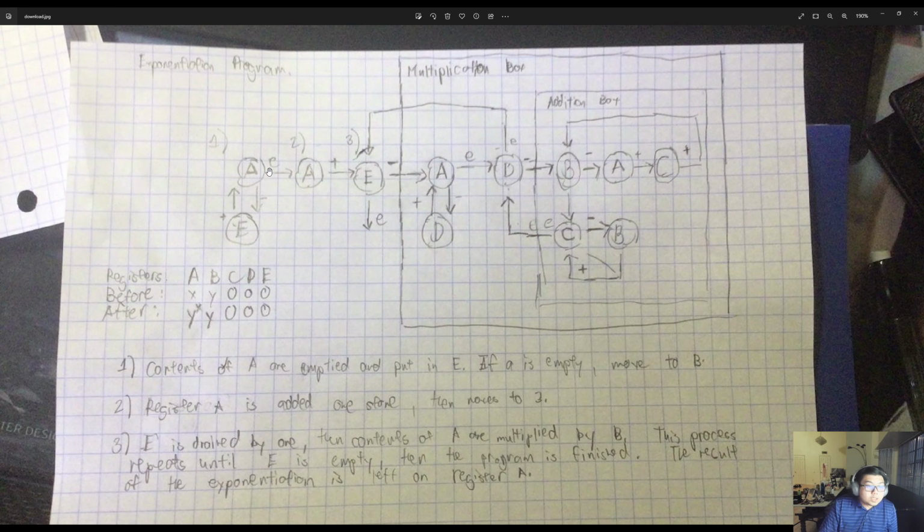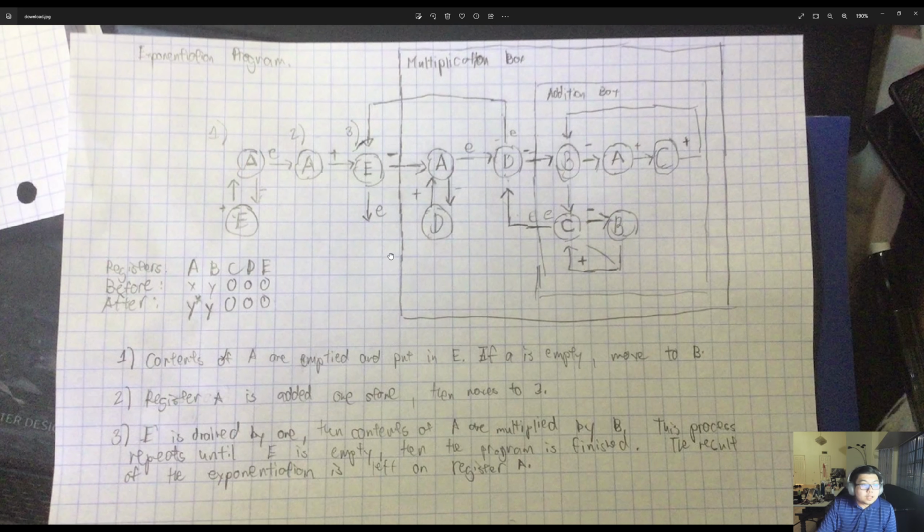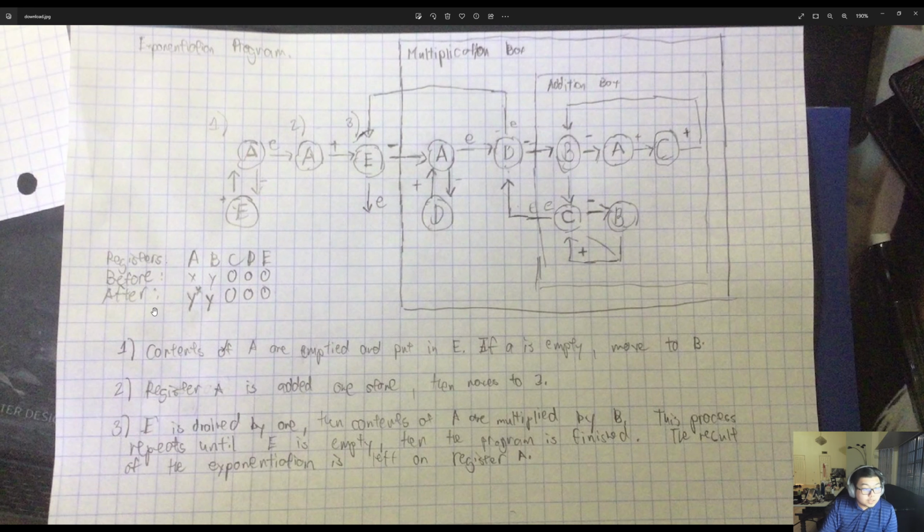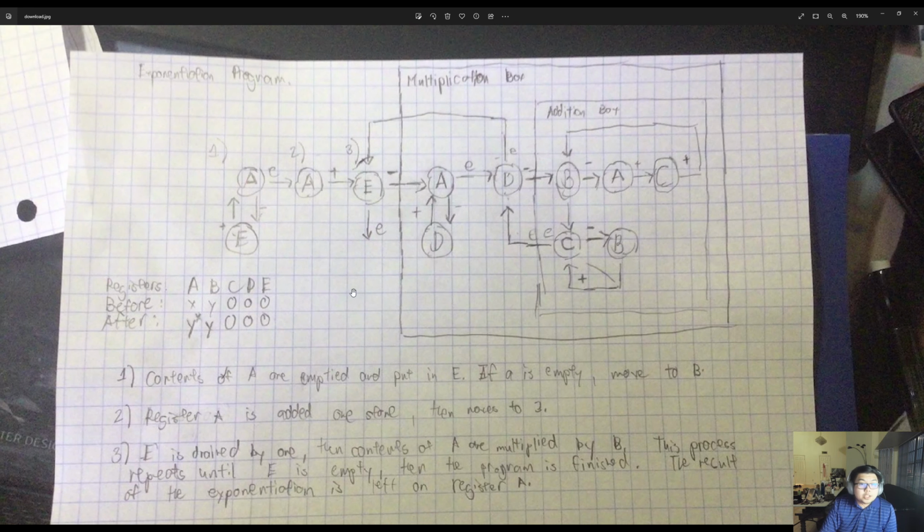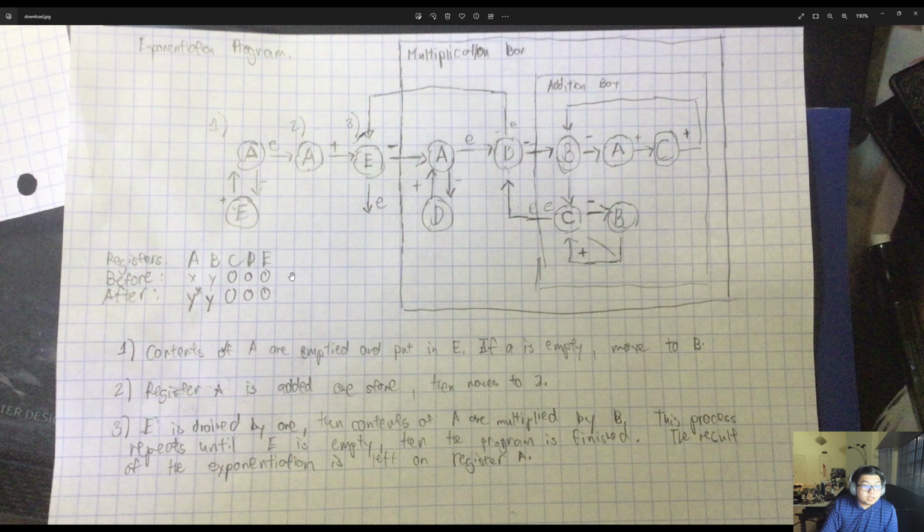So program number 1 empties register A and puts its contents in register E. I forgot to tell you that for this exponentiation program to work, these should be the contents prior to the registers.